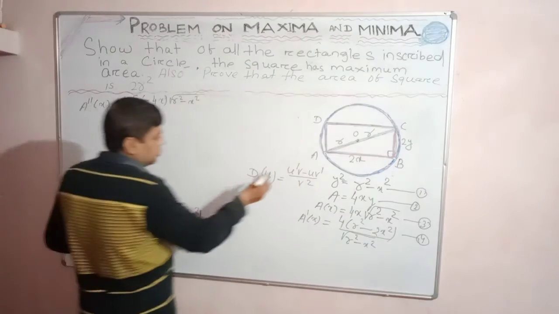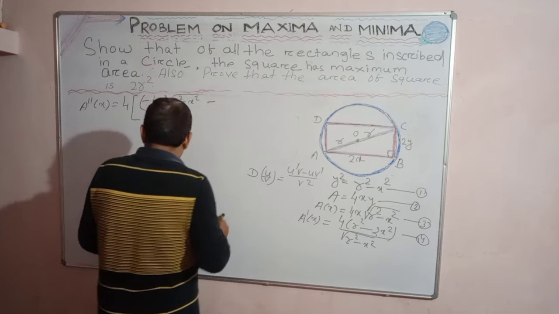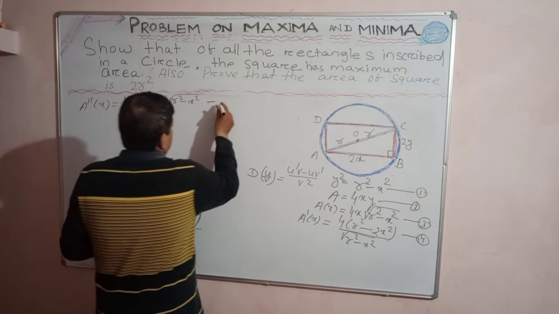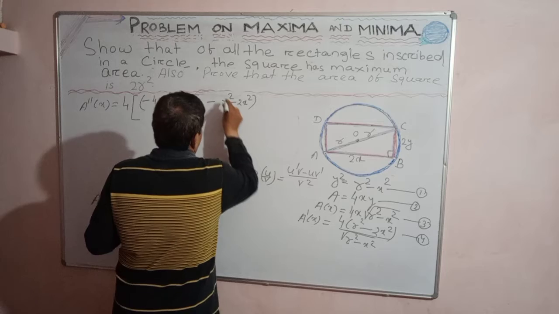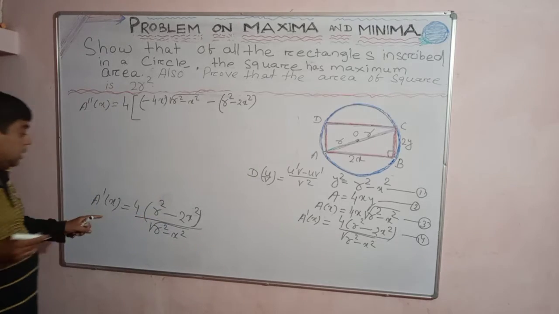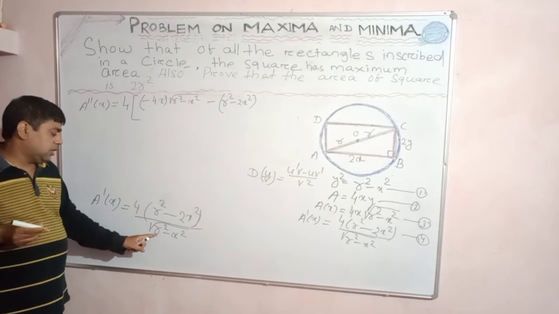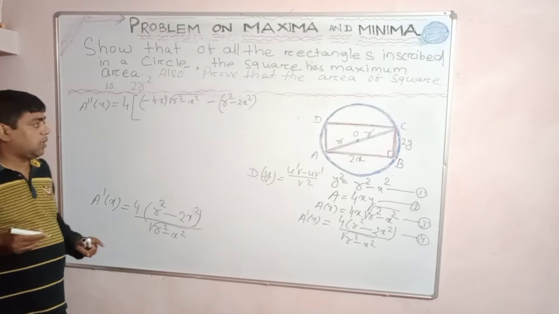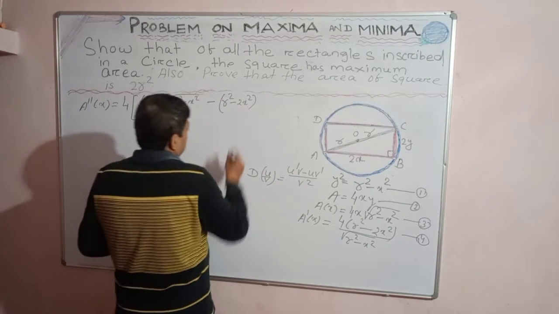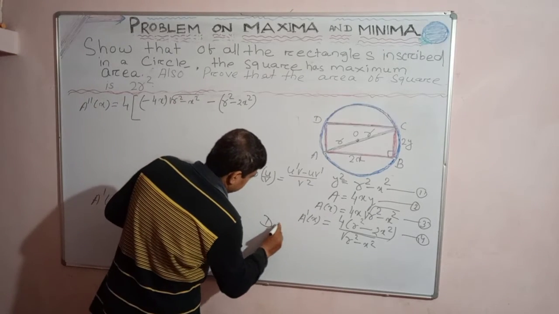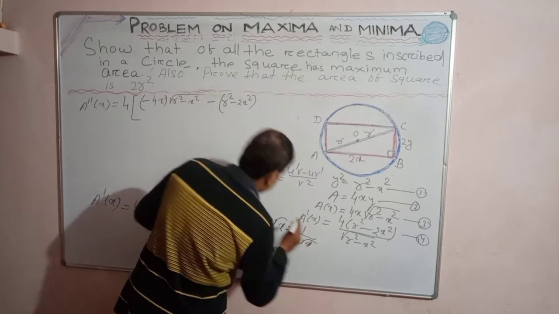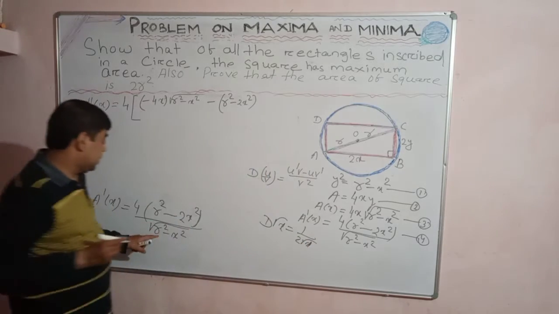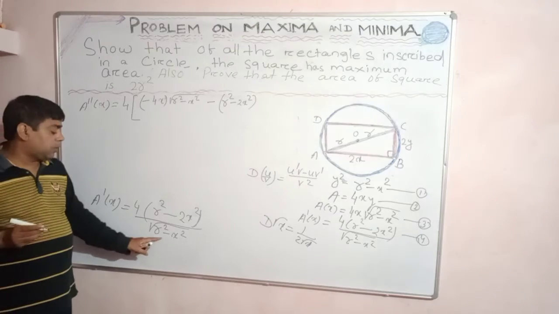Then after that you have to give the minus sign and the numerator r square minus 2x square, and the derivative of the denominator. Here you see the derivative of r square minus x square. Similarly we know the derivative of root x is equal to 1 upon 2 root x. So using this, again under the square root is r square minus x square.